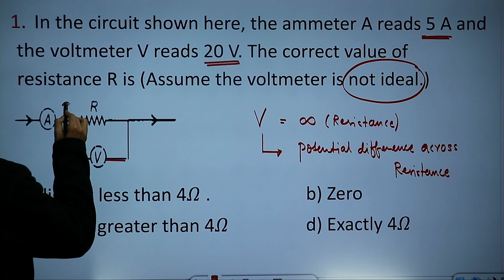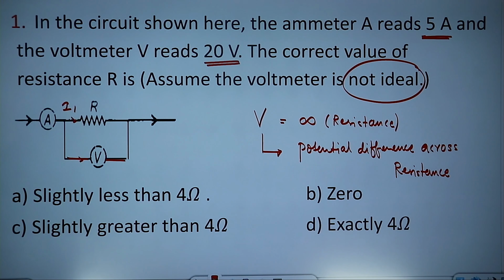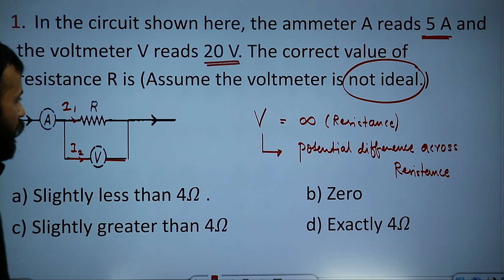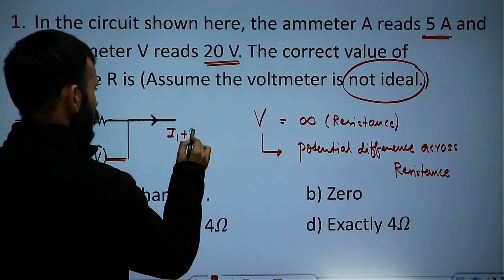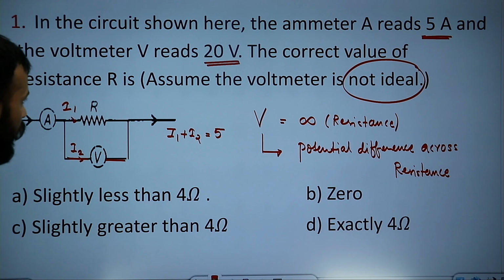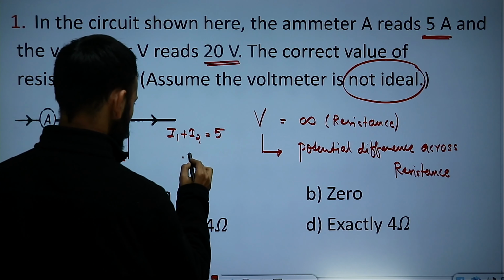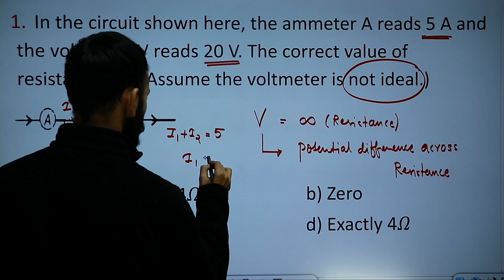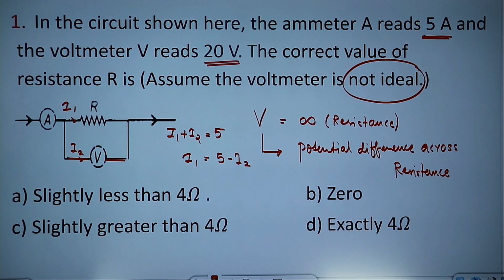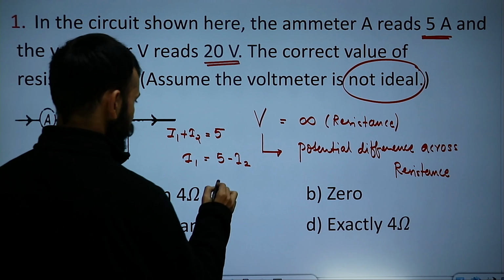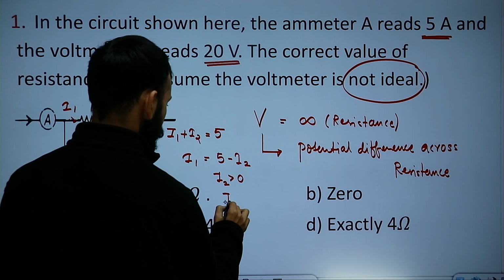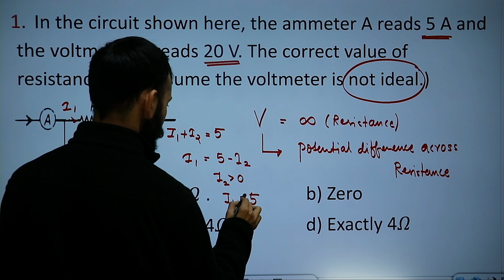Let's suppose current I1 flows through the resistor and current I2 flows through the voltmeter. So I1 plus I2 is equal to 5, and I1 can be written as 5 minus I2. Since I2 is greater than 0, I1 will be less than 5.